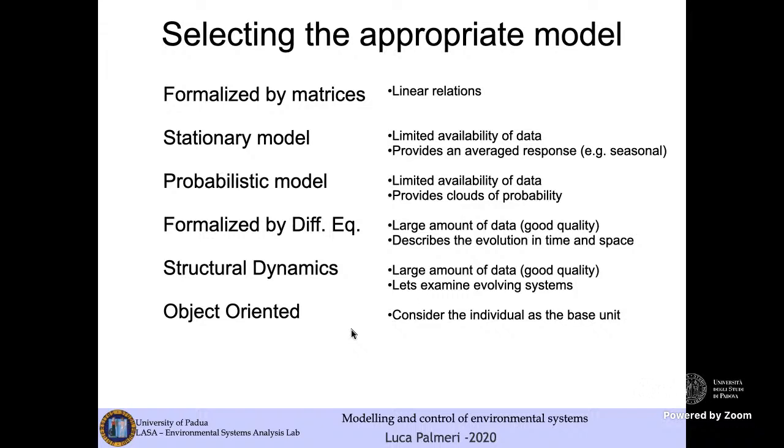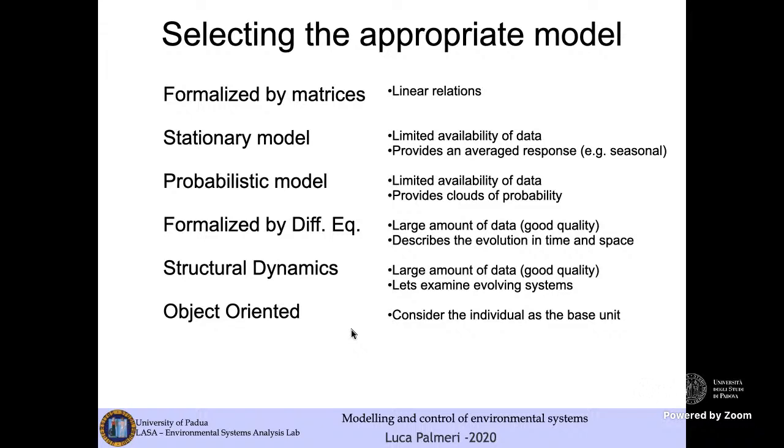Then, in the selection of the appropriate model, there are some questions. For example, are we happy with a linear relationships model? If we are happy with a linear relationships model, then by now you know that we should formalize this model with the simplest possible approach, that is the algebra of matrices.